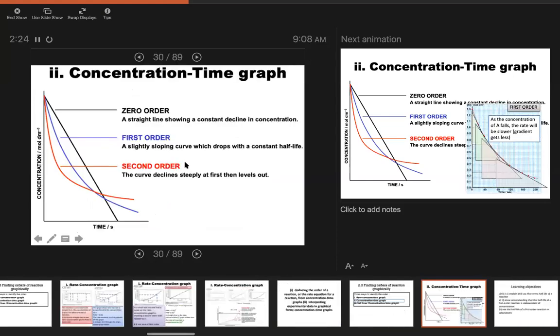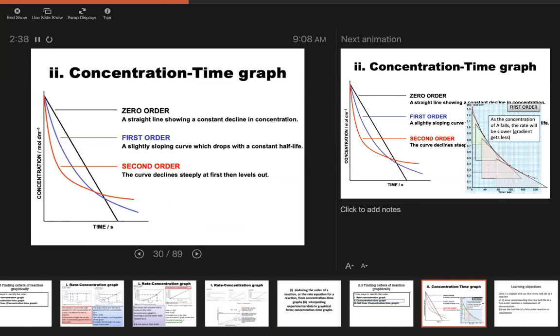The second type of graph that we looked at is the concentration time graph, right? The concentration time graph does not tell you the rate directly. You have to draw the tangent to find the gradient, which gives you the rate. For the concentration time graph, the easiest one to spot is the zero order, because zero order is a straight line. Why is it a decreasing straight line?